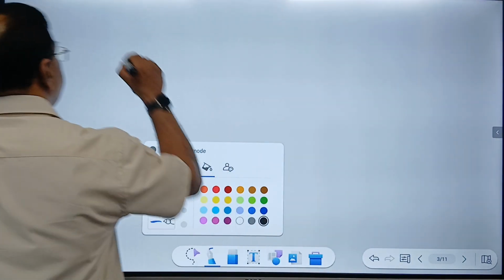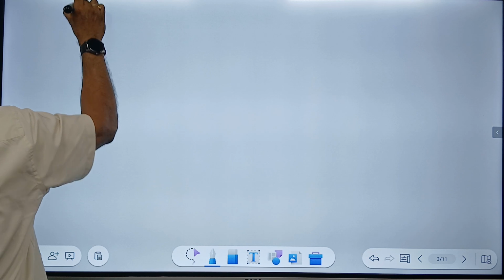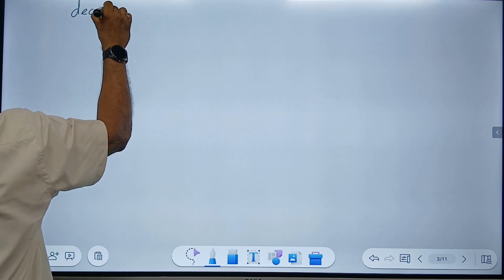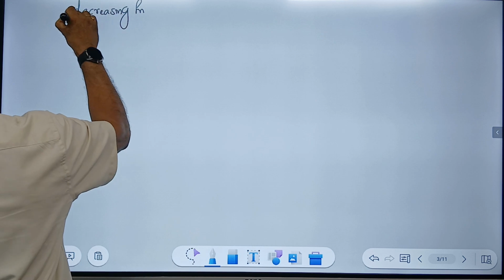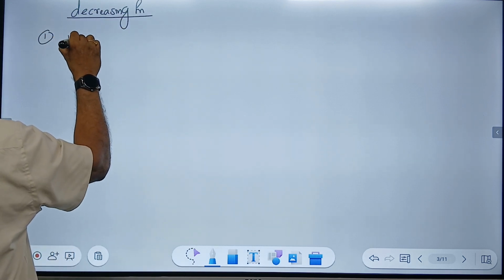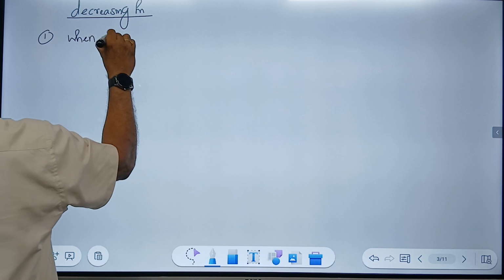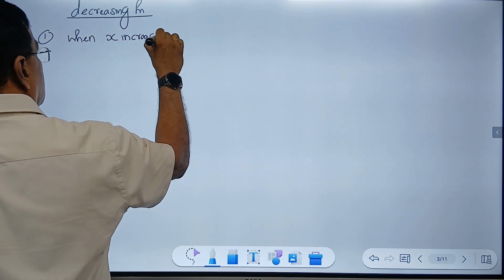The next part is the decreasing function. So what is a decreasing function? The first definition: when x increases, what happens to y?